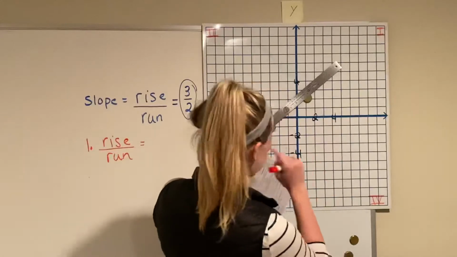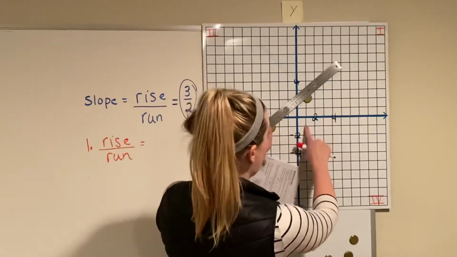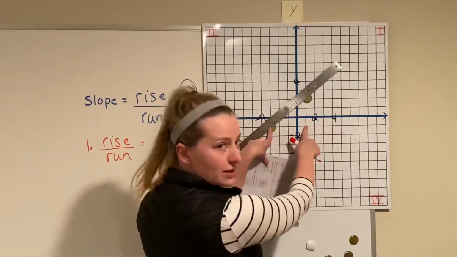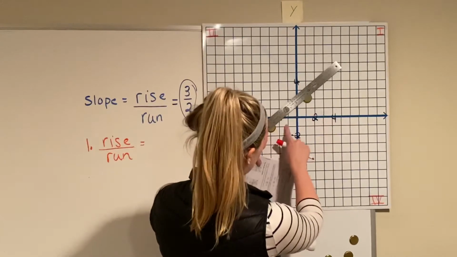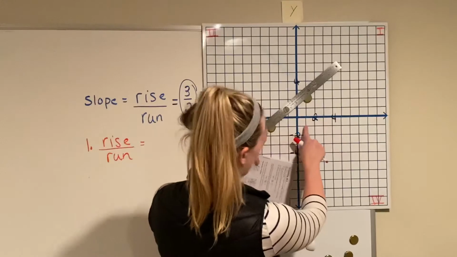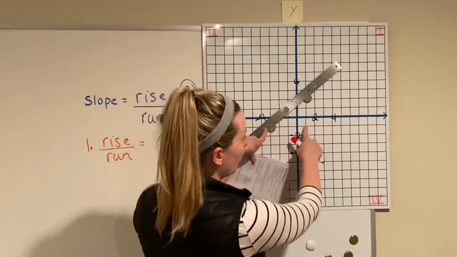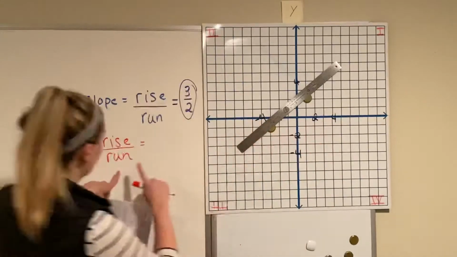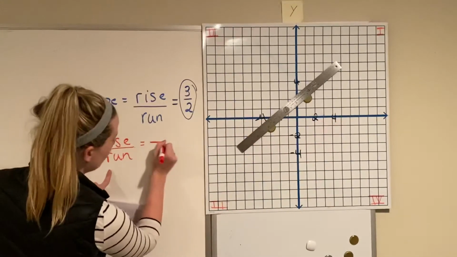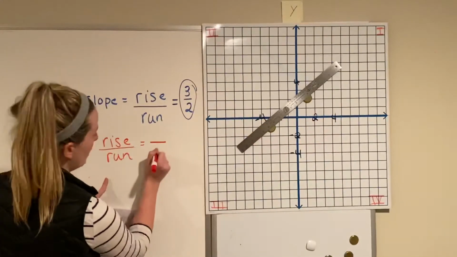If we started here at -3 and end up at +1, what was our change in our run? Well, 1, 2, 3, 4. We experienced a 4-unit change in our run, or our horizontal. And so in that case, since I did my run first, that's the number I'm going to put on the bottom.